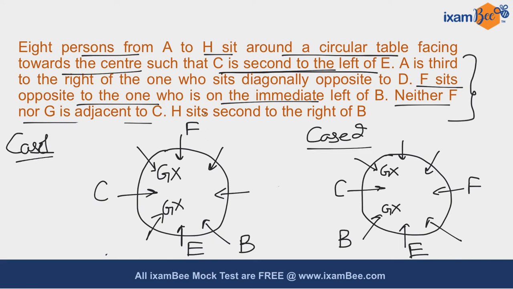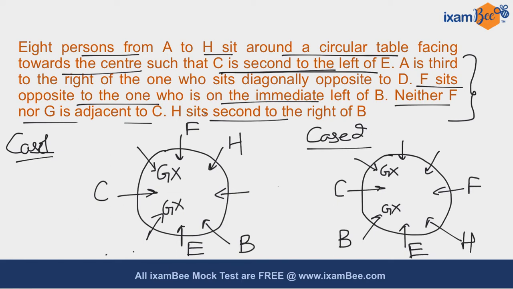Now it is given to you that H sits second to the right of B. So you can place H in case 1 over here, and in case 2 you have to place H over here.